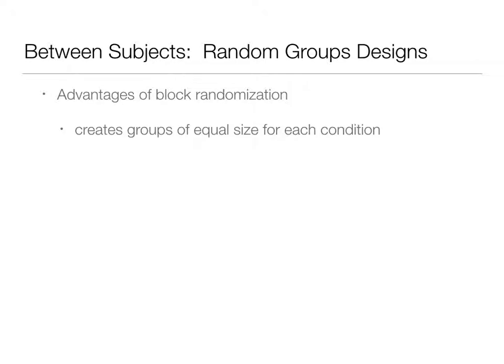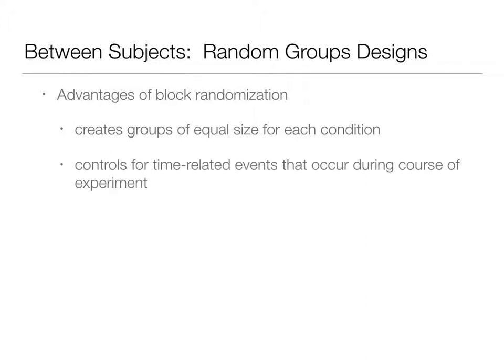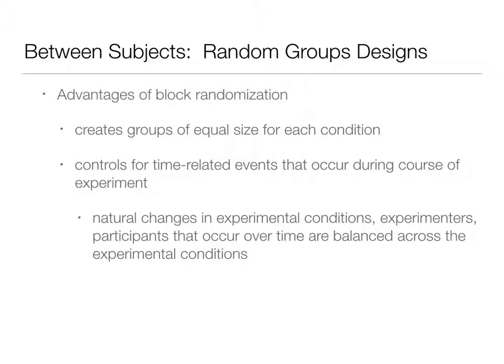So the advantages of this block randomization is it creates groups of equal size for each condition. That's really helpful. The other thing that it does is it controls time-related events that occur during the course of an experiment. So things change over time, right? So maybe you're doing, it doesn't matter what kind of study you could be doing. You could be doing a study on anything, but when you start the study, it's 19 degrees outside, and so people are dressed very differently, and we have a different kind of air system on.